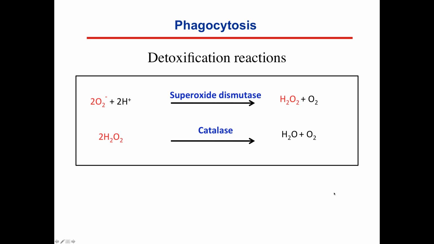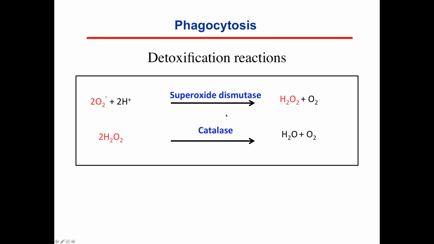So these chemicals are toxic, but you do have the ability to detoxify. Why doesn't the macrophage just destroy itself? Well, in the cytoplasm, superoxide dismutase serves the function of detoxifying superoxide by producing hydrogen peroxide, and this hydrogen peroxide is then removed by catalase.